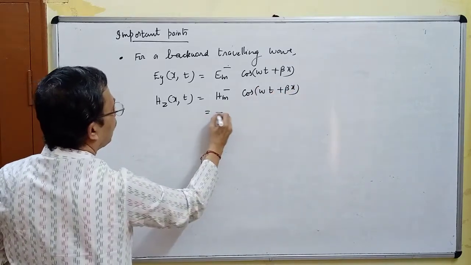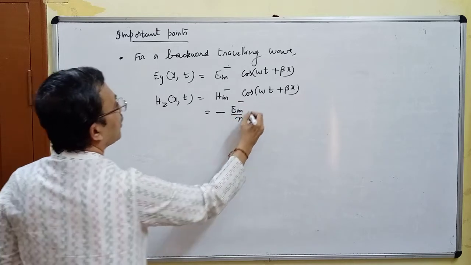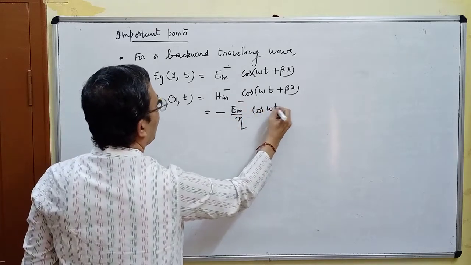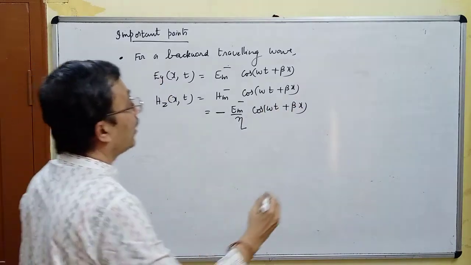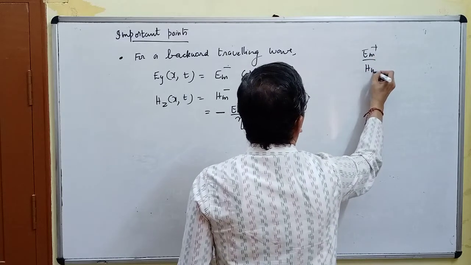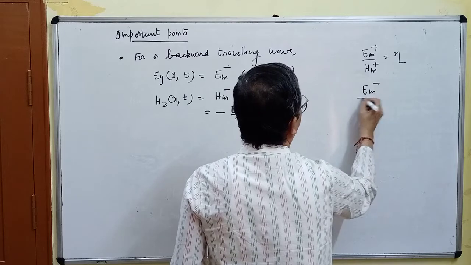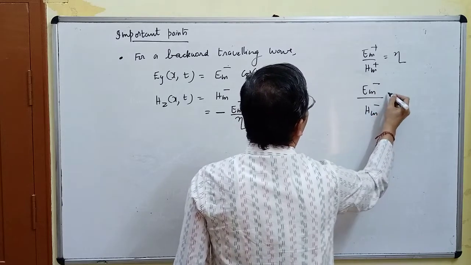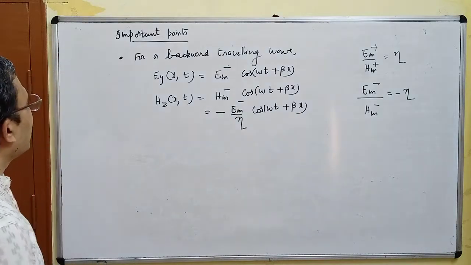What is Hm minus? It is minus of Em minus divided by eta, cos of omega t plus beta x. Please note that Em plus divided by Hm plus is equal to eta. Em minus divided by Hm minus is equal to minus eta. This you have to note.